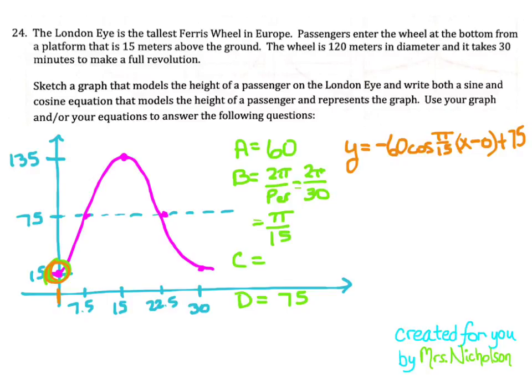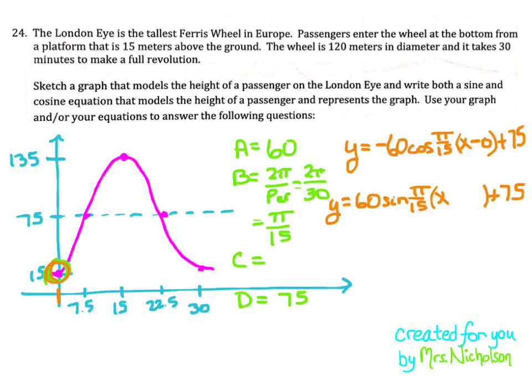So that's one equation. Now if I do a sine equation, everything's going to be the same except for that c value. So 60 sine pi over 15 times x, don't know what the c is going to be yet, plus 75. And let's go find a c value.